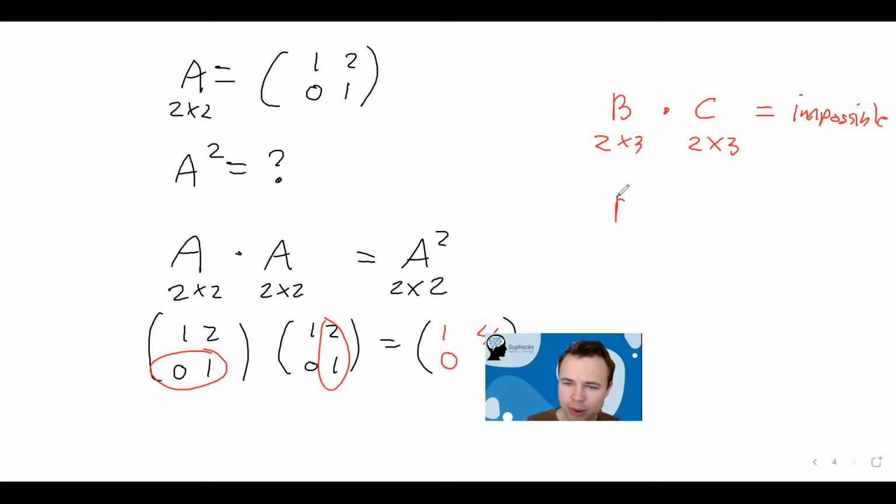But what if I transpose matrix B? What will be the order then if you transpose B? What is the transpose of B? Yes, very good. 3 times 2. So the order switches, right, if you transpose it. And am I now allowed to multiply them?